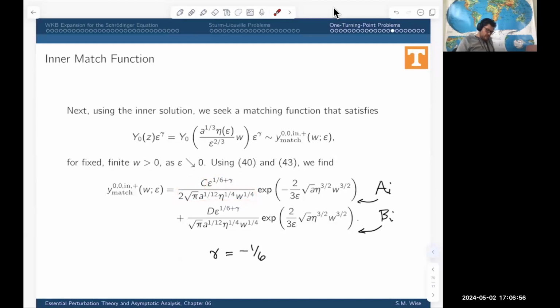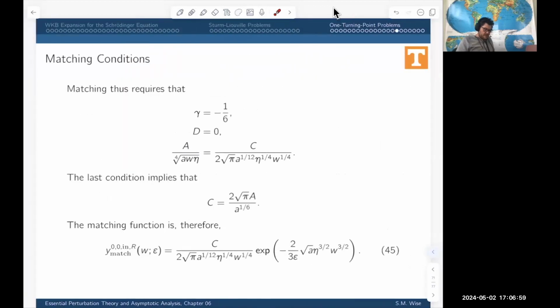So let me review those matching conditions on the next page. To match, I'm going to require that gamma should be minus 1/6, d should be 0, already discussed those, and that these two terms should be equal. A over fourth root of little a w eta should be equal to c over 2 square root pi a to the 1/12 power, eta to the 1/4, w to the 1/4.